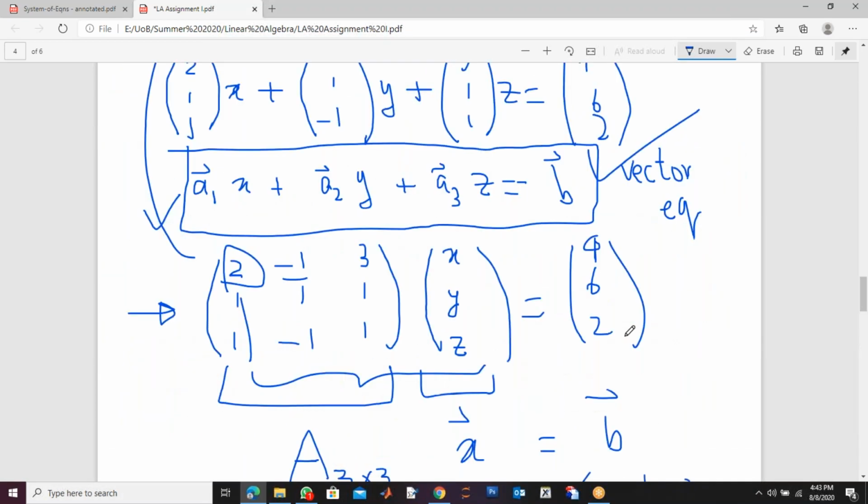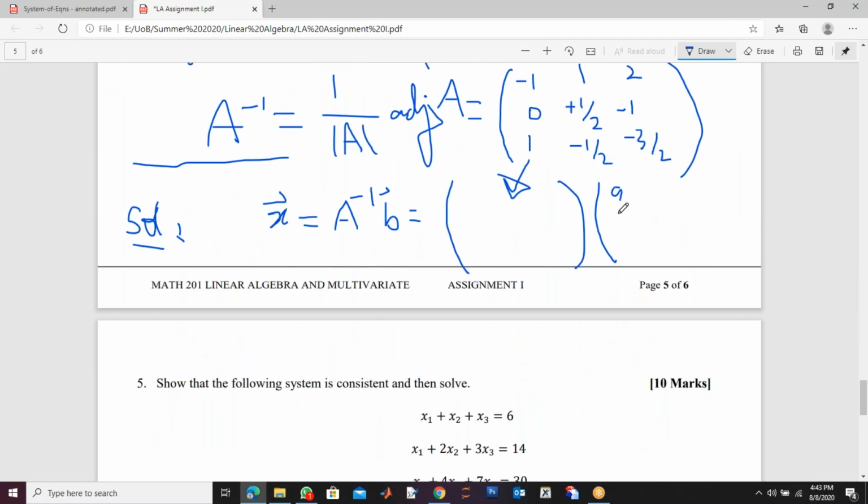So if you multiply, for example, this first row was minus 1 1 2, so if you multiply, minus 9 plus 6 minus 3 plus 4 1, so I got 1.